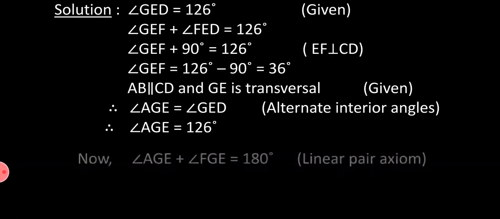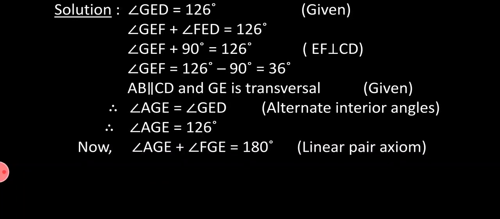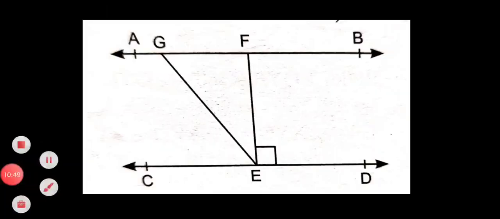Further, now angle AGE plus angle FGE equal to 180 degrees because they are a pair of linear angles. According to the linear pair axiom, we can write angle AGE plus angle FGE equal to 180 degrees.